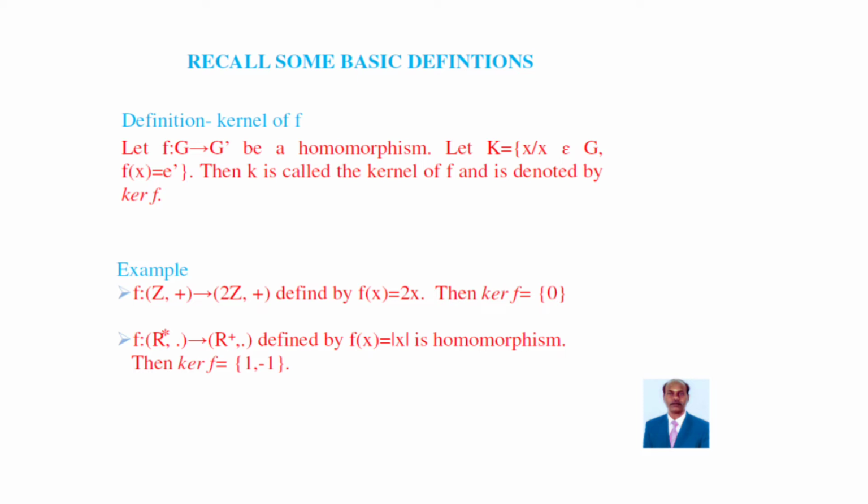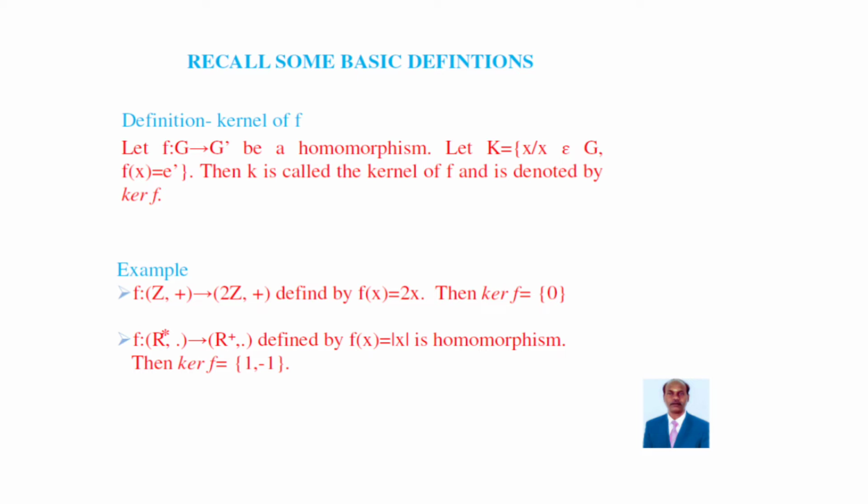Now we take another example: f from R star, dot to R plus, dot defined by f of x equals mod x, which is a homomorphism. What is the kernel of f here? That is 1 and minus 1, because every element in R star can be a positive value as well as a negative value.